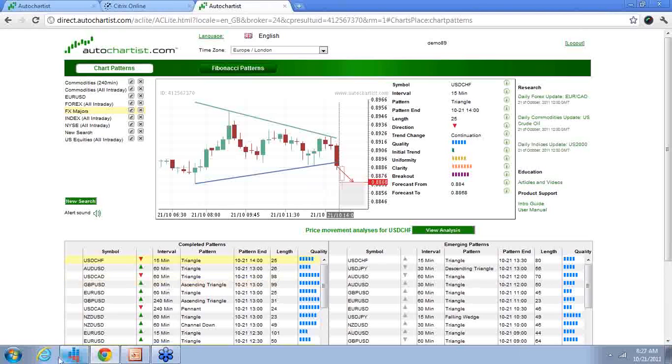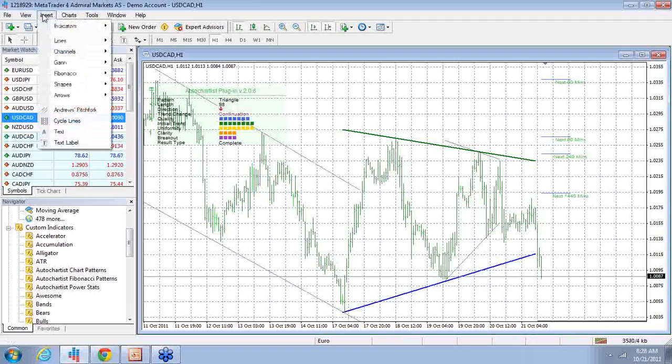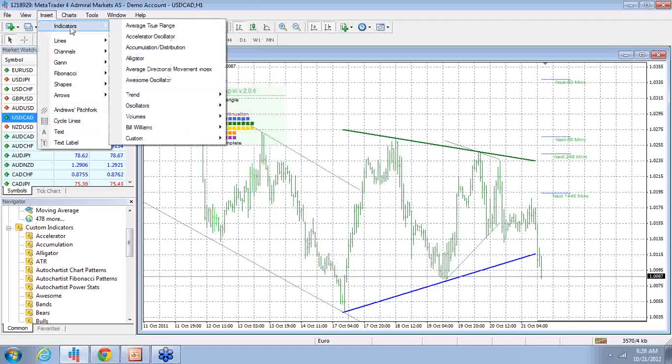But if there's a good pattern developing and it's over time, then chances are that an institution, or some big Forex dealer, is going to see the same pattern, especially if it's developed over time, like in this case, a 98-bar pattern. So in order to help us with that pattern, I like to look at other indicators, especially the momentum indicators.